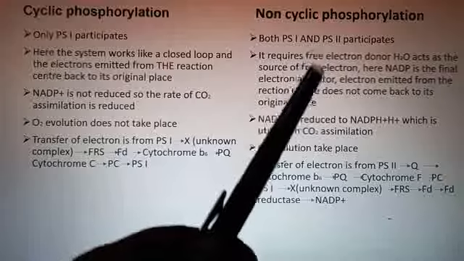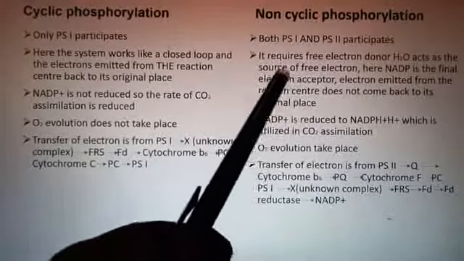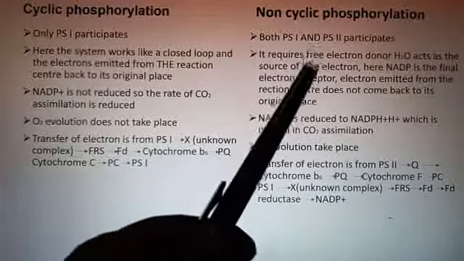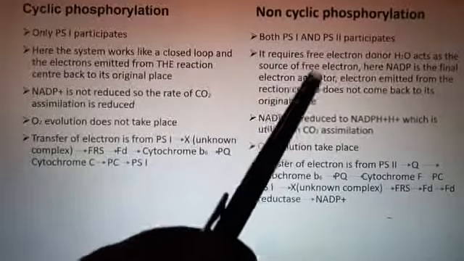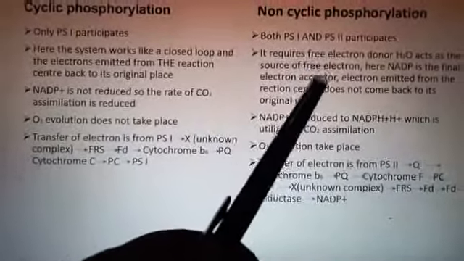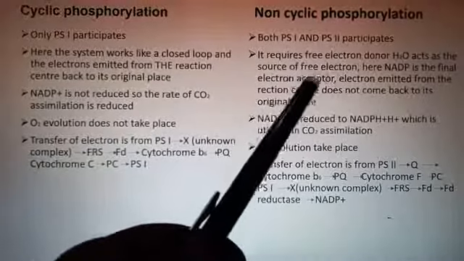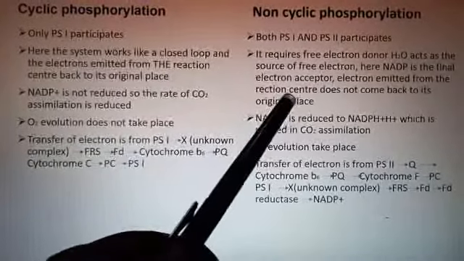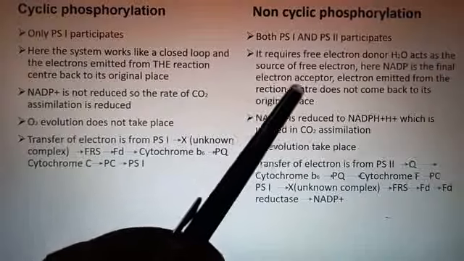Here H2O, the water molecule, acts as the source of free electrons, and NADP is the final electron acceptor, and the electrons ejected from the reaction center do not come back to their original place, that is PS2.